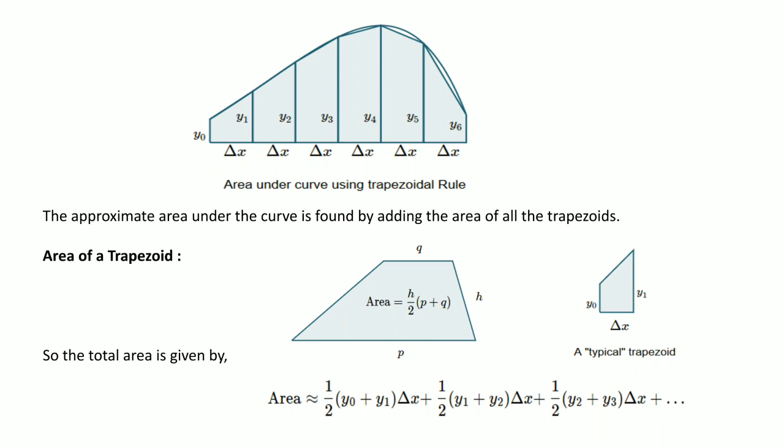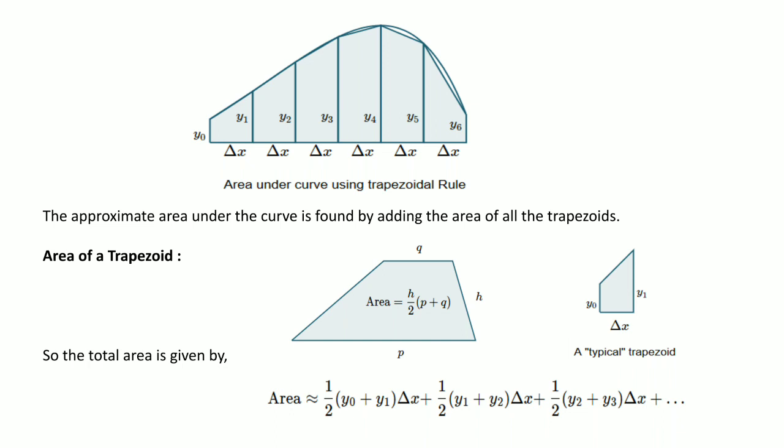Now you can see the total curve is divided into different areas and each forms a trapezoid. We are dividing the curve into a number of trapezoids, and we have to obtain the area by adding the areas of all the trapezoids.